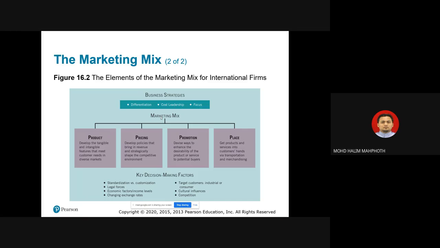Key decision making factors: these are some of the things that influence this marketing mix. Whether you go for standardization or customization. Standardization is you keep your product the same as what you have in your local market. Customization, you have to change it, because you have to suit the customer preference.